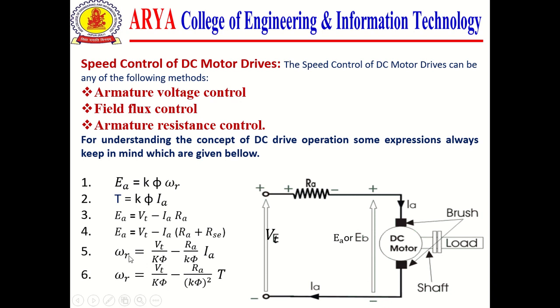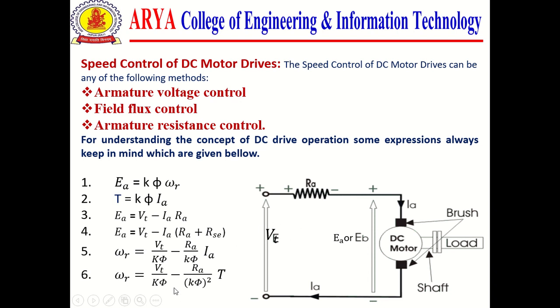Here this relation is between speed, torque, armature current, armature resistance and flux. So if we change armature resistance by inserting some value of resistance in the armature winding, then what happens? What is the impact on torque and what is the impact on speed of the DC drives?